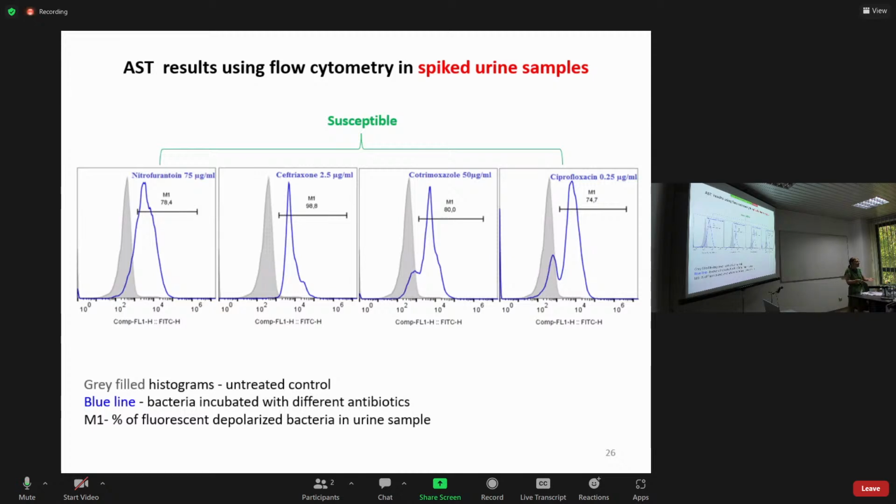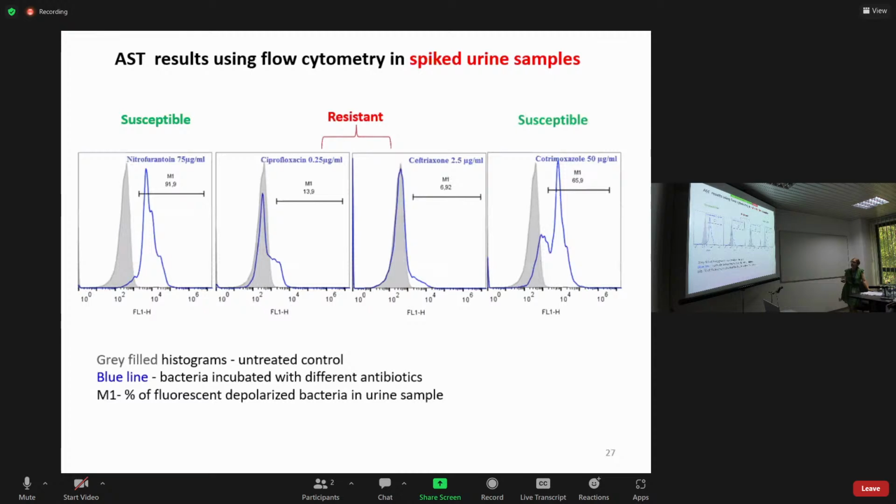So we can tell the clinicians, in 4 hours after they bring the sample to the lab, which of the antibiotics from the emergency panel, because not all antibiotics are used in this emergency panel, are active on the respective bacteria.